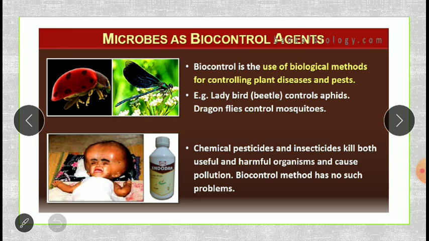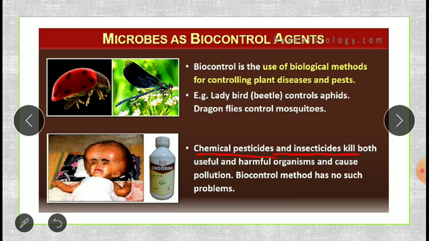Generally, we use chemical pesticides and insecticides in our agricultural fields. When we use them, they kill the insects and the pests.